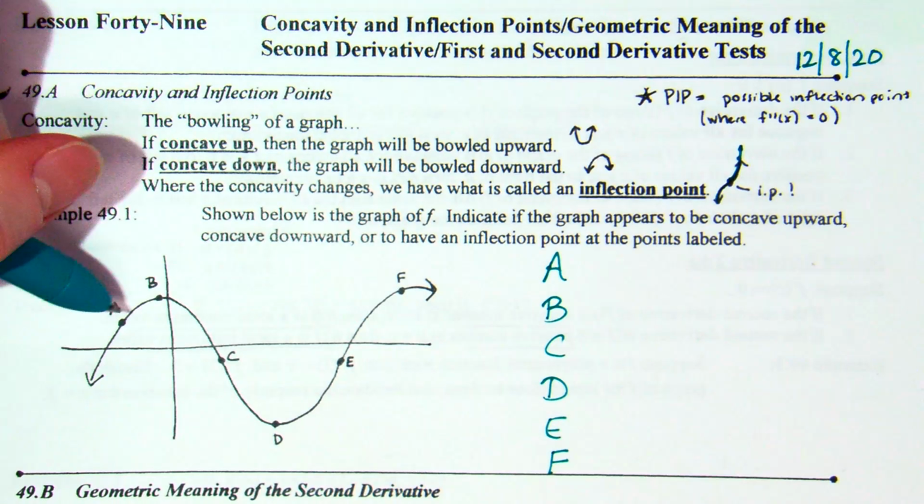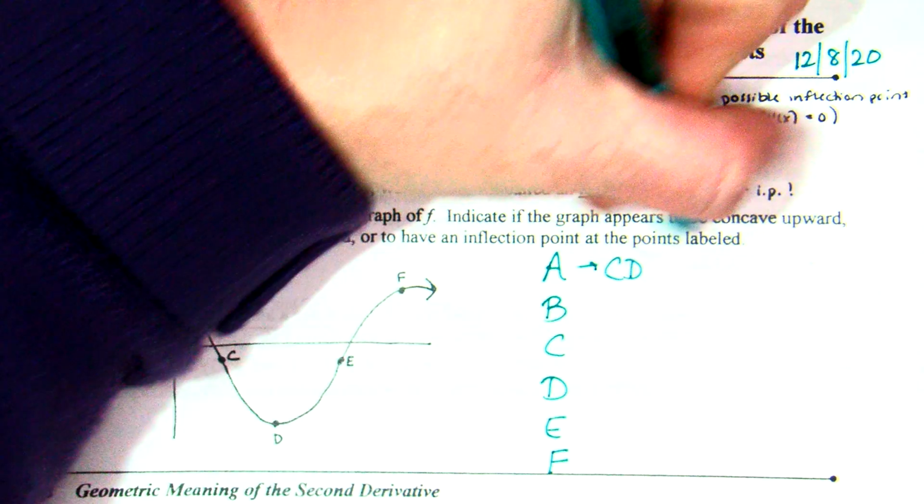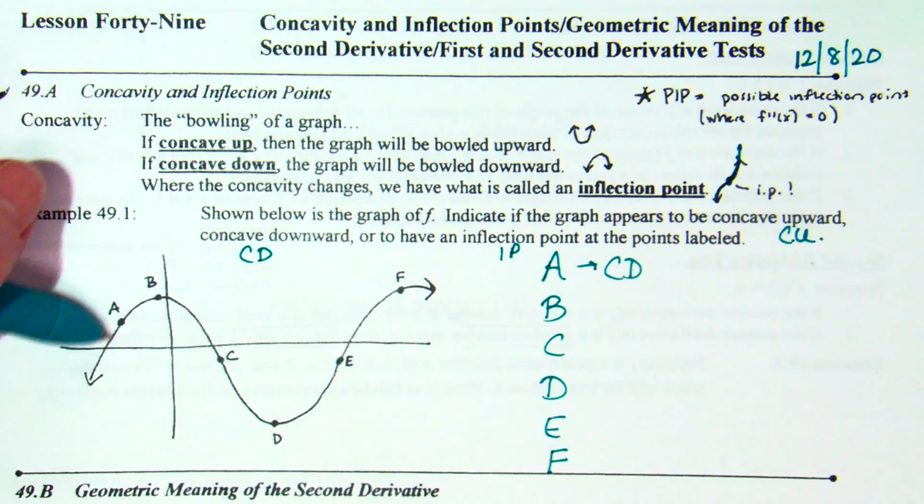Is this part of a bold downward grouping? And yes, A is what I would call concave down. I'm going to use CU for concave upward, CD for concave down, and IP for inflection point. Does that work? Okay, so A is concave down. That curve is opening downward.